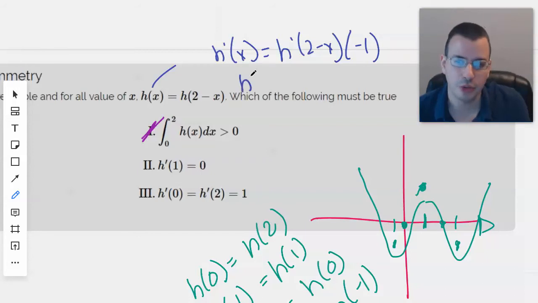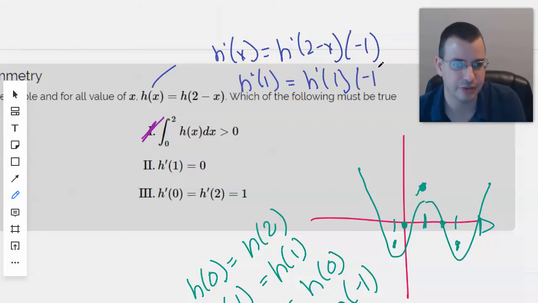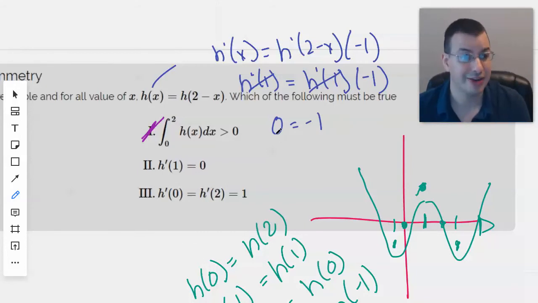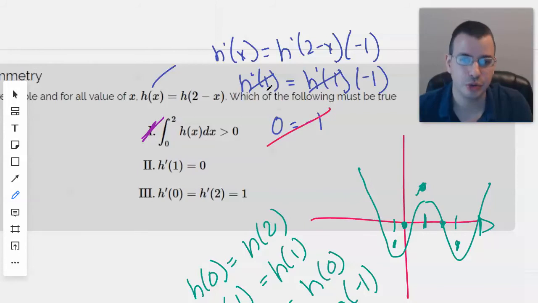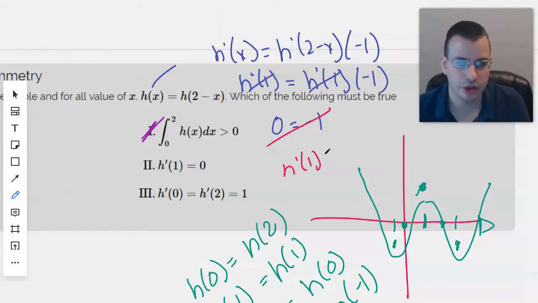We plug in 1, we get h prime of 1 equals h prime of 2 minus 1, which is 1, times negative 1. Cancel out the h primes, we get 0 equals negative 1, which is kind of a big hint that we did something terribly wrong, because it's not true. Therefore, h prime of 1 would have to equal 0.